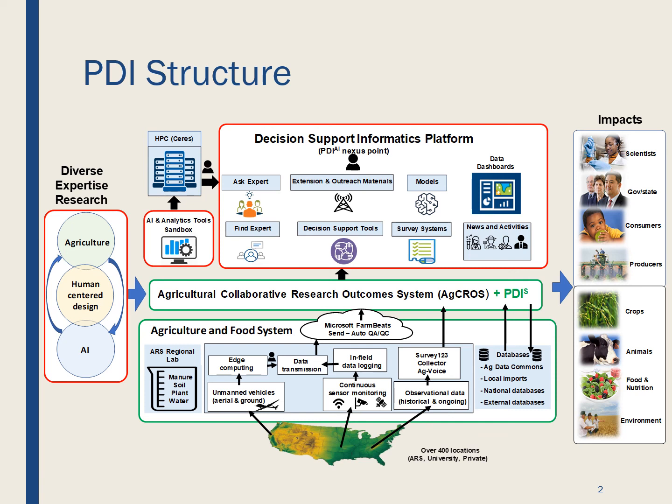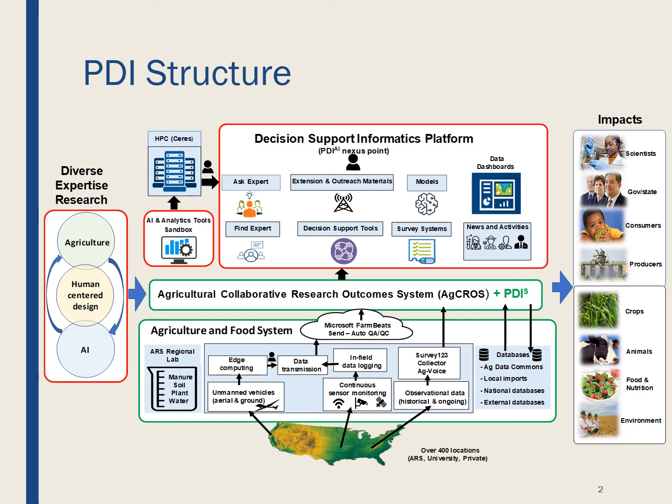These include expansion of the AgCross data platform, developing linkages to external data platforms such as Ag Data Commons, NOAA, USGS, and others, developing customized data collection apps for observational data, evaluating connectivity solutions to improve the transmission of data from field to the cloud, developing linkages between continuous monitoring systems and AgCross, developing optimized regional laboratories for common sample analysis.